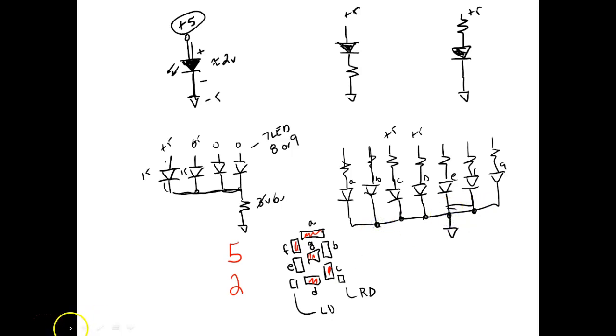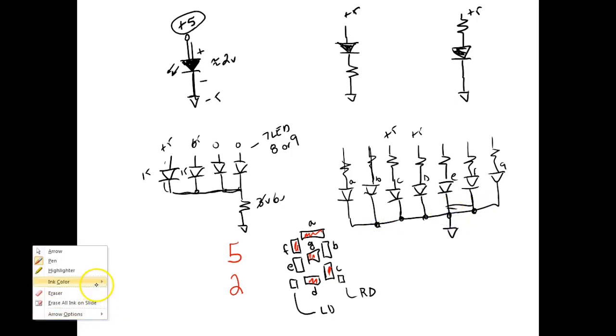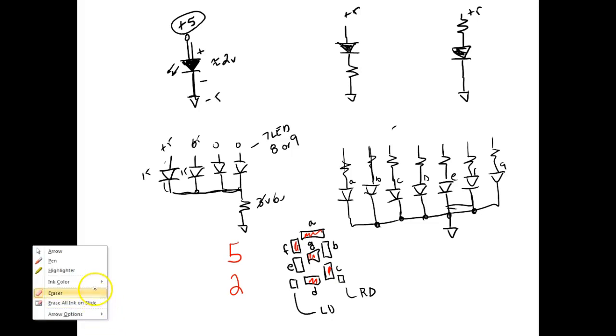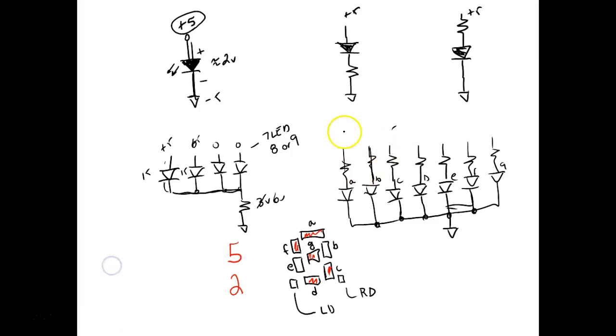Then what I would have to do to turn on the number 5 for a common cathode display is I would have to come over here and put out. So I'd have to turn on the A segment, so I'd put plus 5 volts right there. I'd turn off the B segment, so I'd put 0 volts right there. I'd turn on the C segment, so I'd have to put plus 5 volts right there.